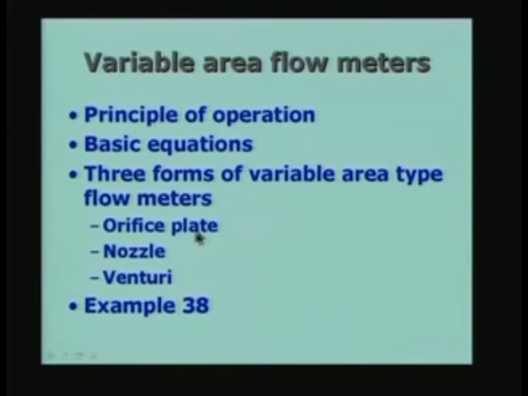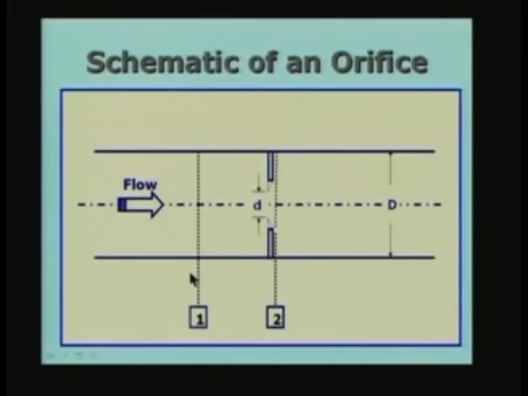I have labeled here the orifice plate, the nozzle and the venturi, and in fact how do they look? How do we create the variable area here? I am actually having a tube of diameter capital D, and the flow is taking place from this side. I have identified an obstruction, which is called the variable area device, in the form of an orifice with smaller diameter d.